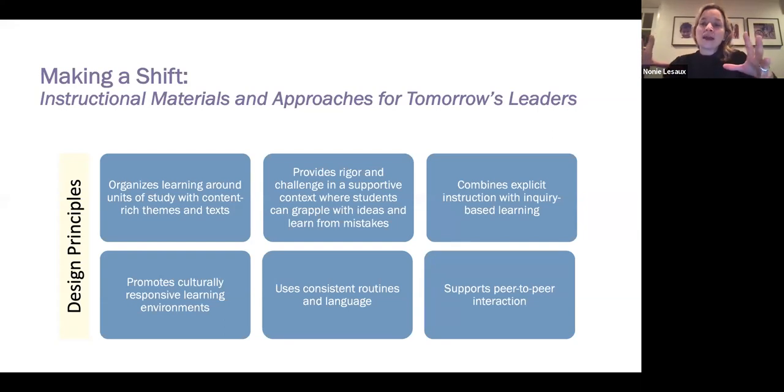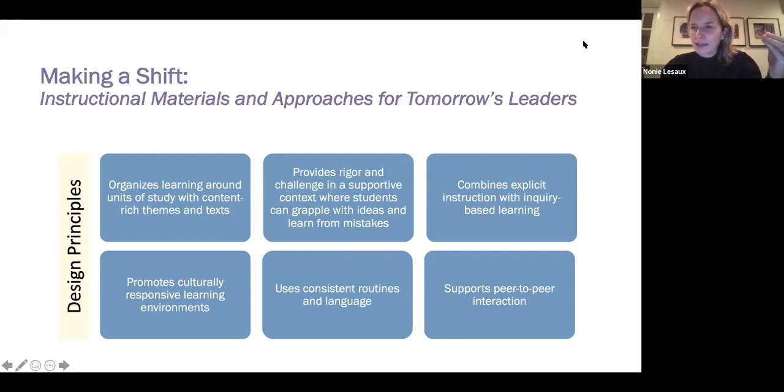We are in many ways combining explicit instruction, sort of traditional direct instruction, with a big emphasis on inquiry-based learning, such that we can drive up the critical thinking, the working with new information, the solving unstructured problems.